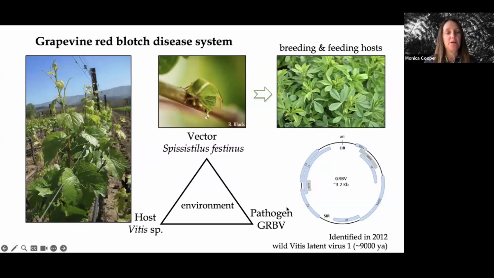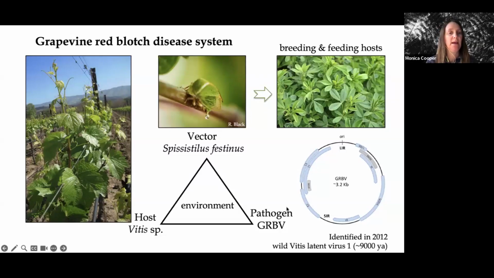We've tested over the years a lot of different cover crops that are used in vineyards, as well as weeds and some adjacent natural vegetation. What we found is that the virus does not infect and cause disease in any of these plants. So really the host range of the virus is limited to plants in the Vitaceae family.